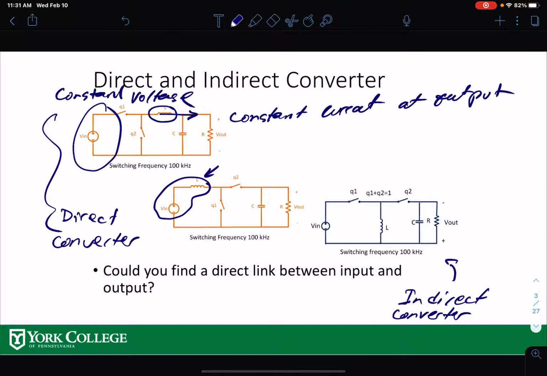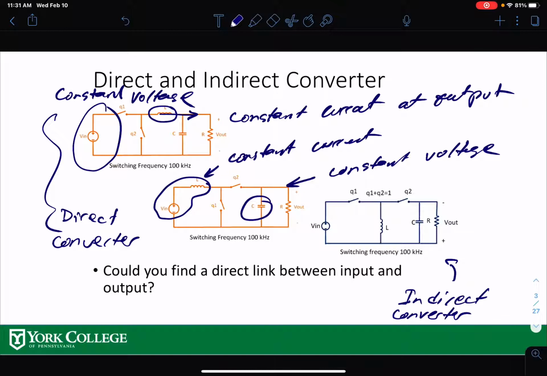That means you're going to keep the current constant, and you have a capacitor here that will keep the voltage constant on the output. So that means you're connecting a constant current source to a constant voltage source for the boost converter.